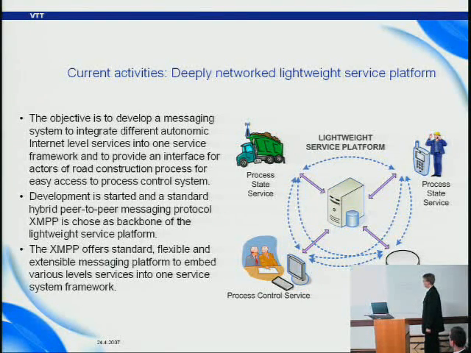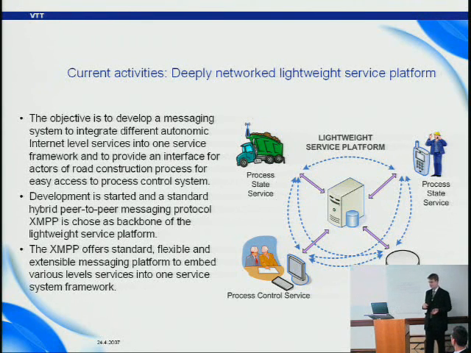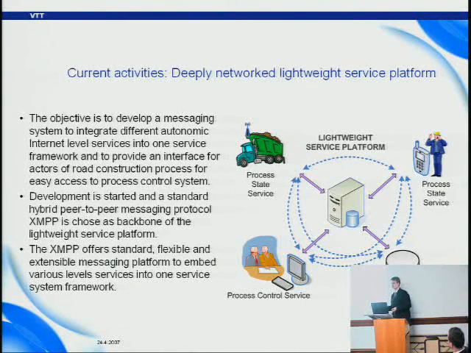And we have started development with the hybrid peer-to-peer messaging protocol XMPP. It is a standard and gives some standard tools to make, for example, software agents to offer some services like database services, services for human actors, services for mobile phones.